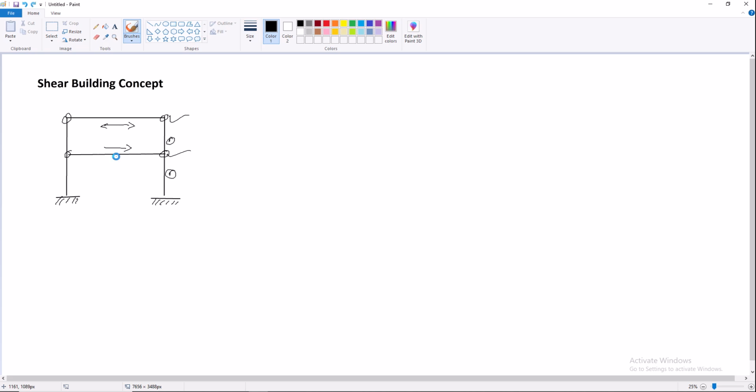So in this particular screen I have taken one example of a frame.